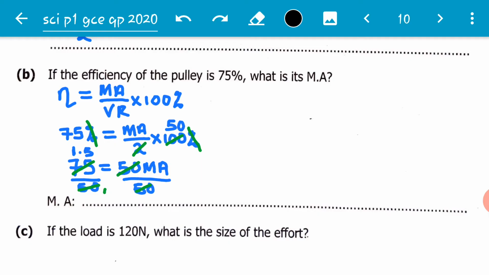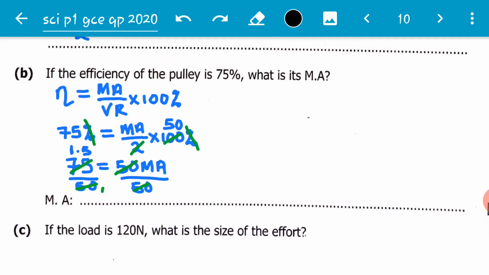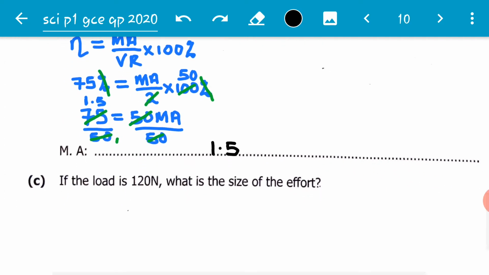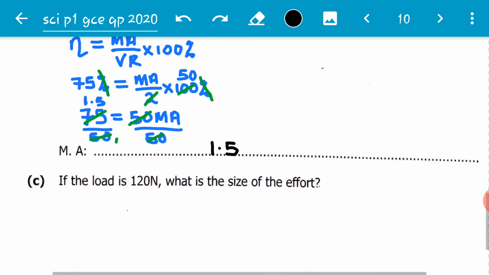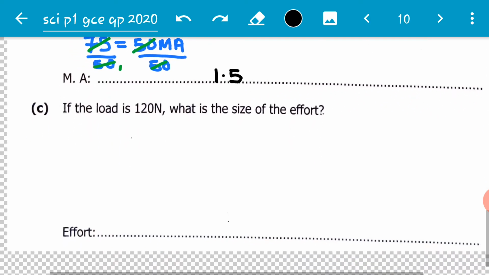So therefore, our mechanical advantage is equal to 1.5. Mechanical advantage has no units because units cancel out. So if we had forces like load divided by effort, the newtons will definitely cancel out and leave just a mere number.